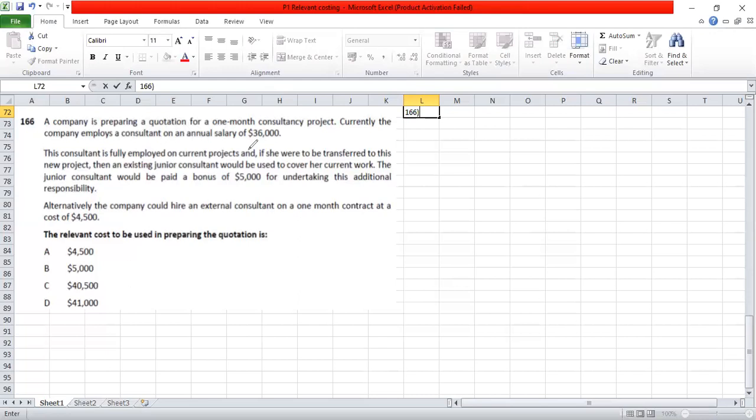The consultant is fully employed on current projects and she were to be transferred. The bonus of 5,000 would be paid for undertaking this additional responsibility. Alternatively, the company could hire an external consultant on a one month contract.